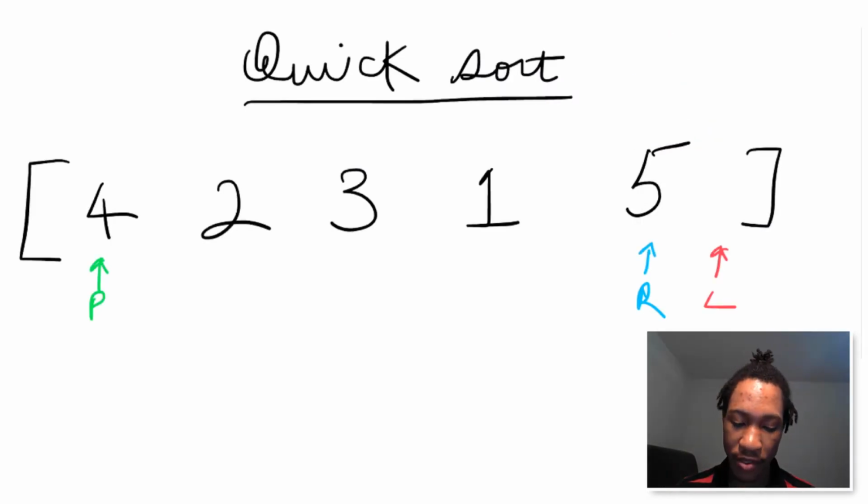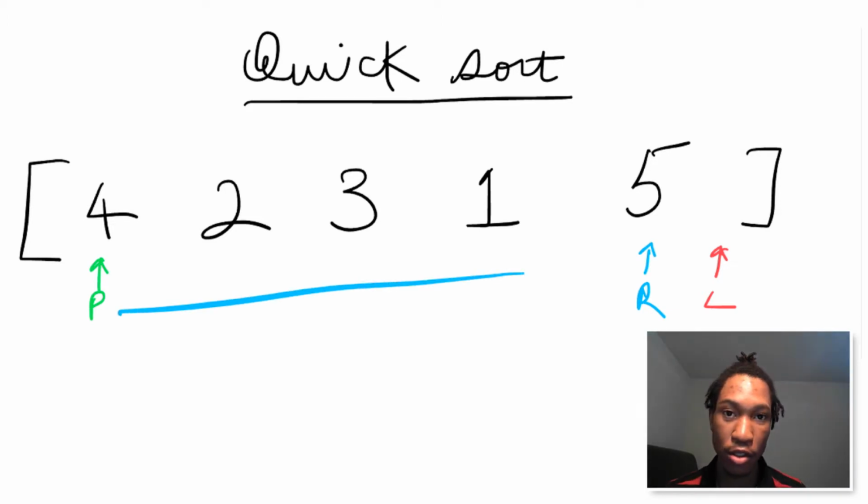What we've done in this case is we've got all the numbers less than 5 to the left of 5, and then all the numbers greater than 5 would be to the right of 5. But in this case, there are no numbers greater than 5, which, now that I think about it, is a really bad example to choose. I'm going to choose another example, but let's finish this.